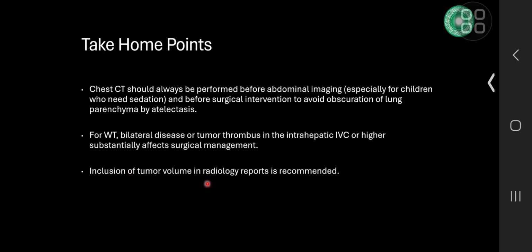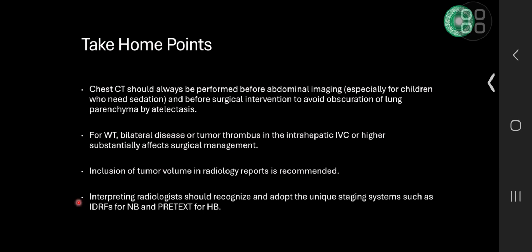Inclusion of tumor volume in radiology reports is recommended, especially for Wilms tumor. And interpreting radiologists should always recognize and adopt the unique staging systems such as image-defined risk factors for neuroblastoma and the PRETEXT system for liver tumors like hepatoblastoma.